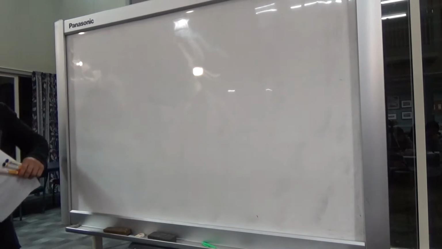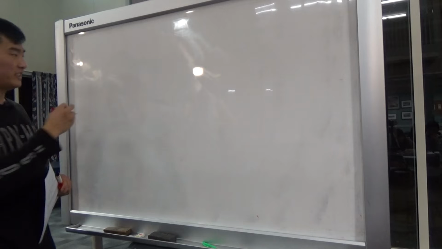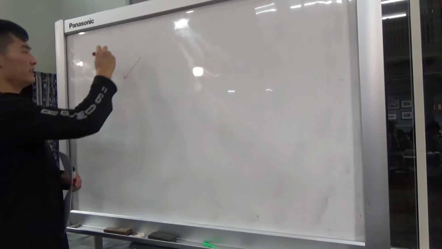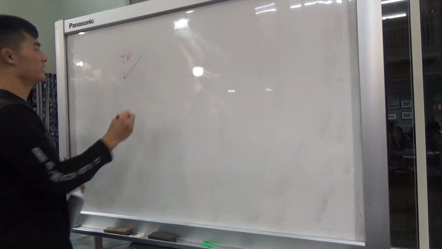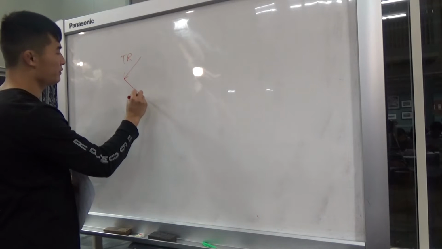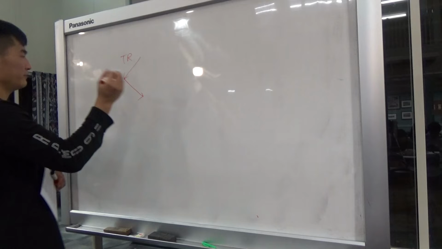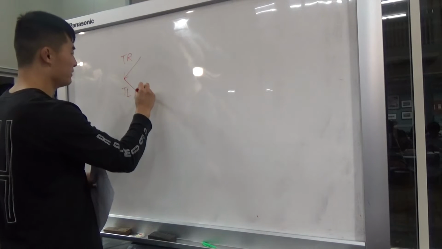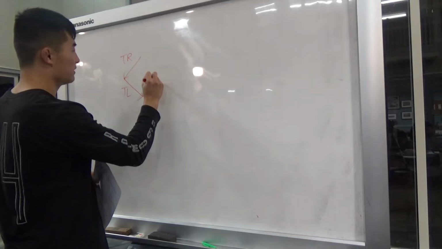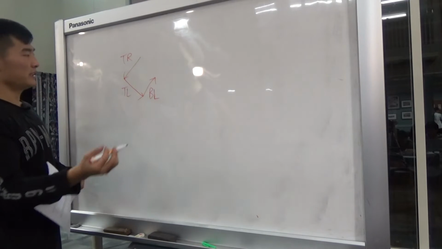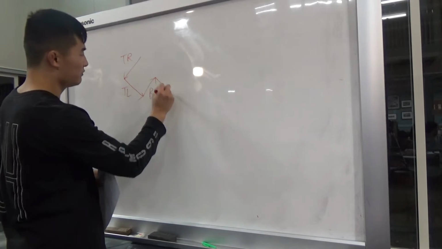So you could say it cancelled out, or you could do vector addition. So this was the top right, and this was from the top left, and then you had the one coming from the bottom left, and then the one coming from the bottom right, which was also this way.